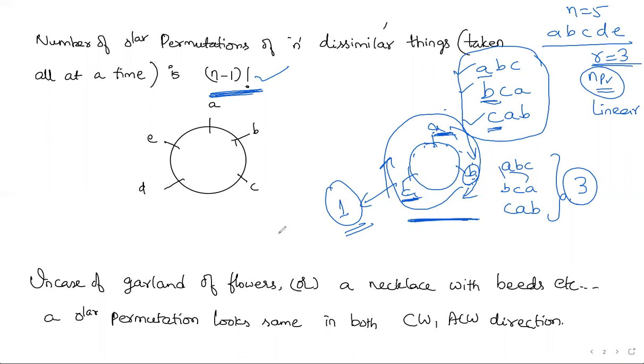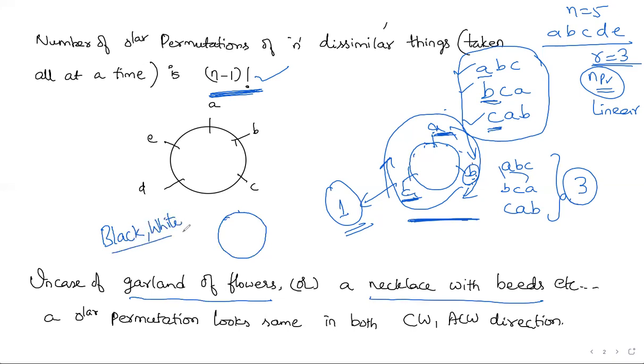So consider this also in the case of a garland of flowers or a necklace with beads. Suppose this is a necklace, and there are only black colored beads and white colored beads. Suppose you have arranged them, where the one I am highlighting is black and the one I am not highlighting is white.